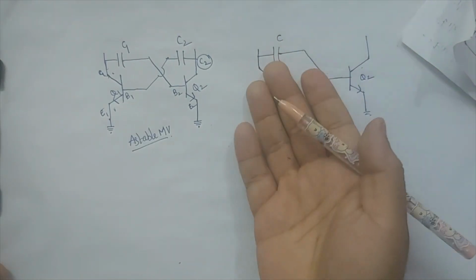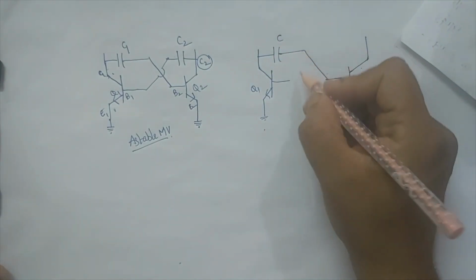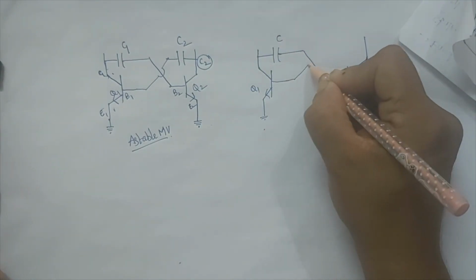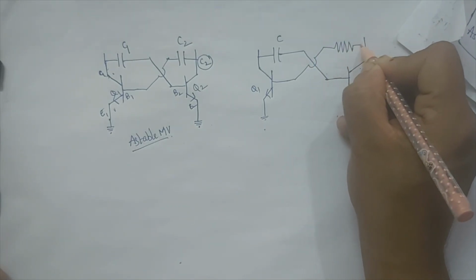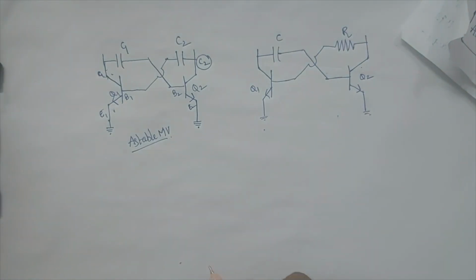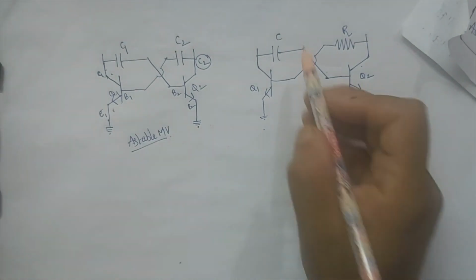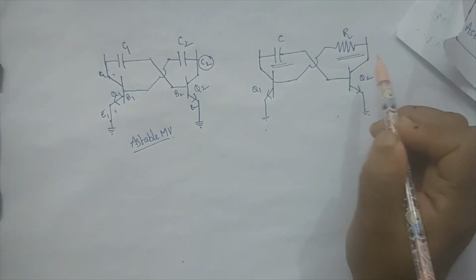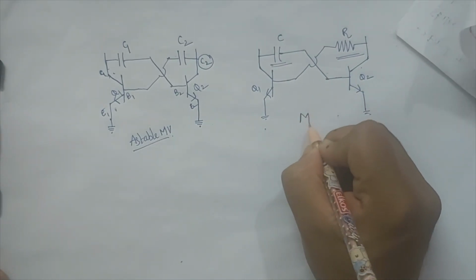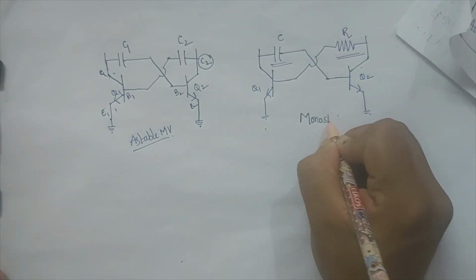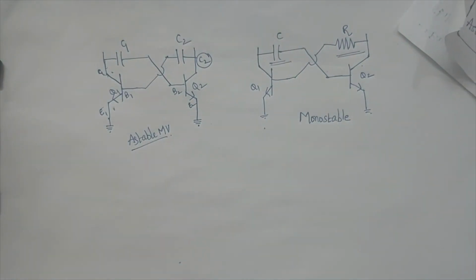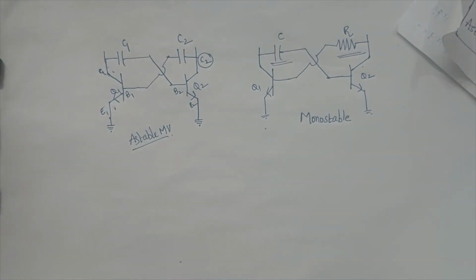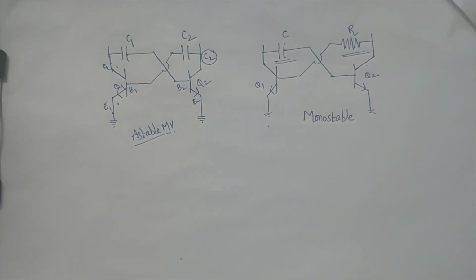You can keep the capacitor at Q2 also, that's your wish. This is R. One capacitor, one resistor. This is the monostable multivibrator. This is just an outline, not the complete structure of the multivibrators. The complete structure we are going to see along with the explanation.